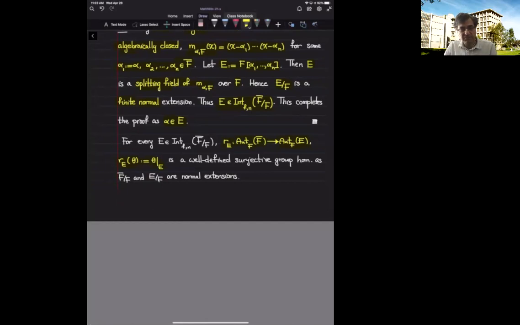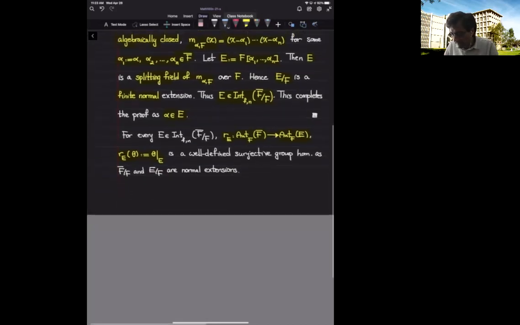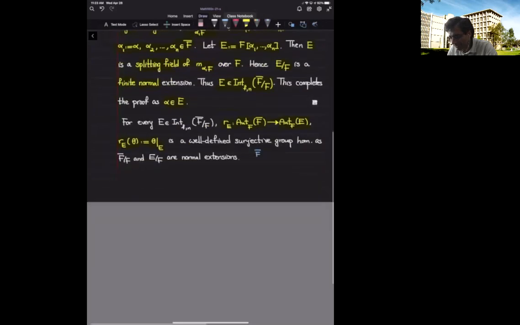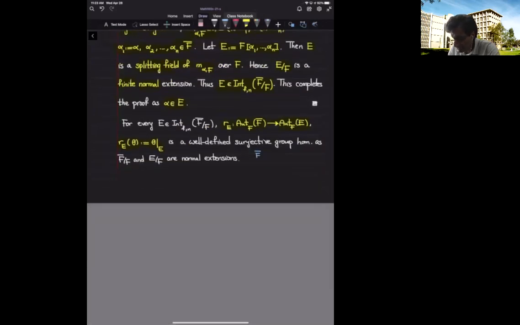The isomorphism extension theorem was true only when F bar over F was also a finite extension. But by the uniqueness result, we have to have this kind of extension result that we have over here.